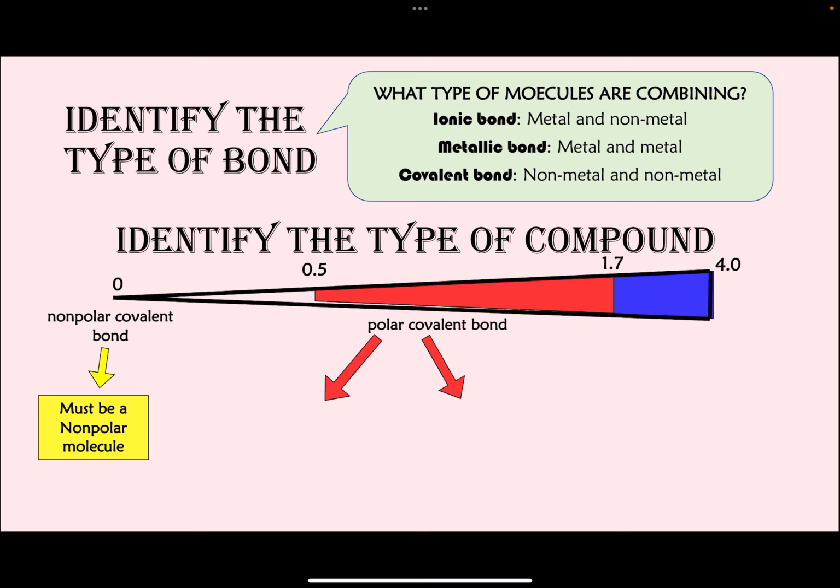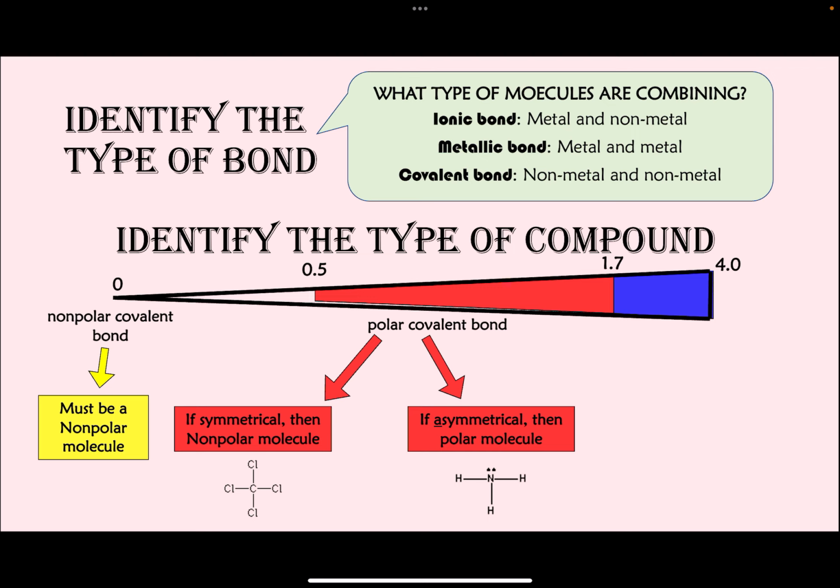But if your electronegativity difference is between 0.5 and 1.7, the bond is polar, but the molecule can be polar or non-polar depending on the symmetry. Okay, so the molecule is going to be non-polar if it's symmetrical, and it's going to be polar if it's asymmetrical.